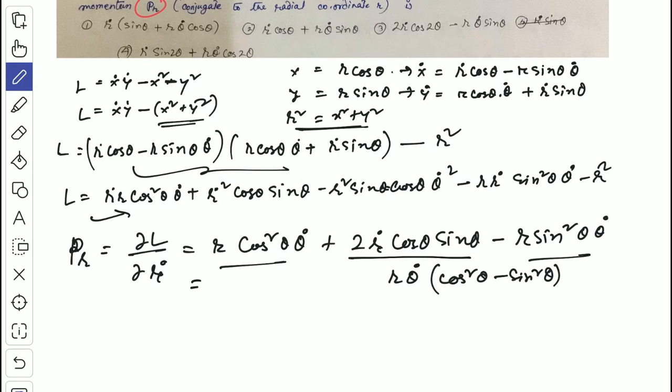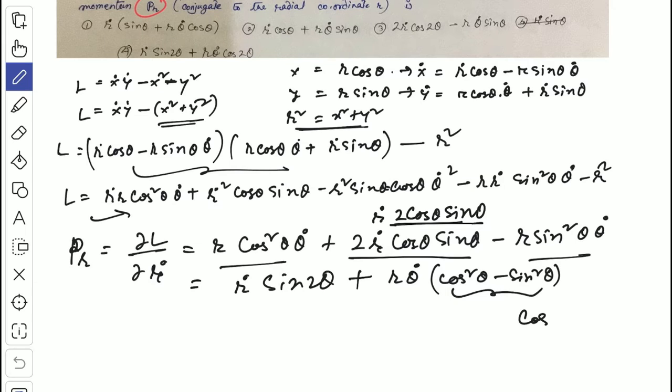And this term, ṙ times 2 cosθ sinθ, is a trigonometric identity: 2 sinθ cosθ is sin 2θ. And remember one more thing, cos²θ minus sin²θ is cos 2θ, isn't it? So what we have got is ṙ sin 2θ plus r θ̇ cos 2θ.